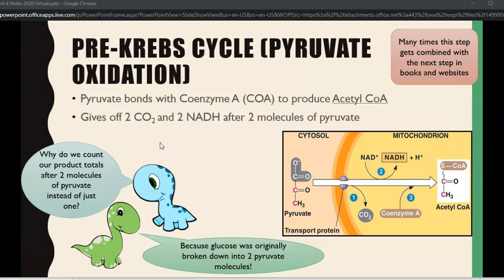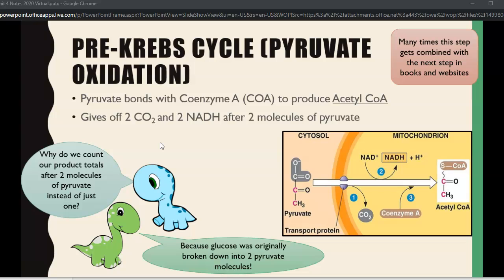So our second step is the Krebs cycle, but we need to talk about pre-Krebs cycle. So the pyruvate oxidation piece, many times this step gets combined with just the Krebs cycle in books and websites, but I just want to make you aware of it. Here, pyruvate bonds with coenzyme A, or CoA, to produce acetyl coenzyme A, all right, acetyl-CoA.